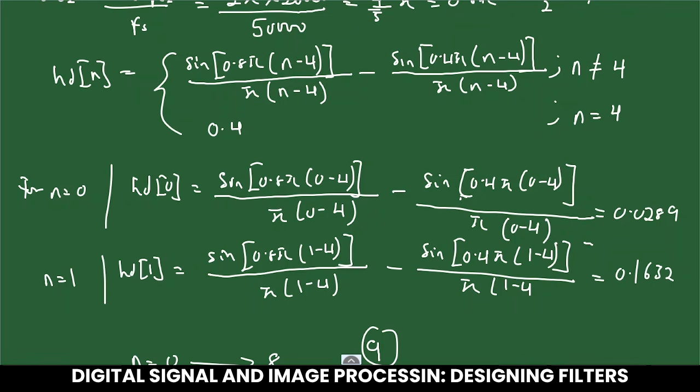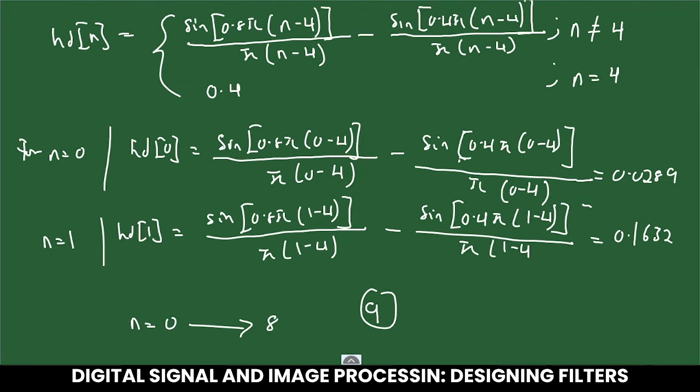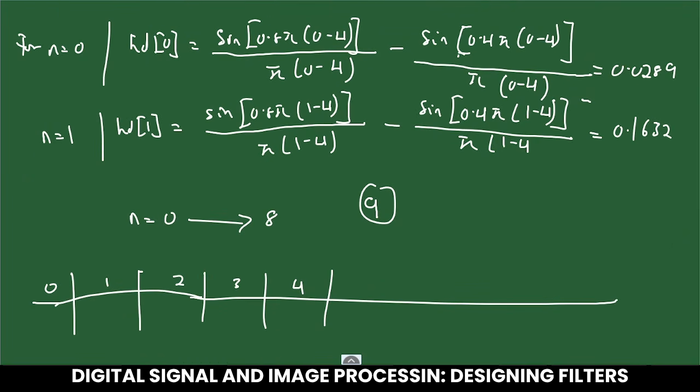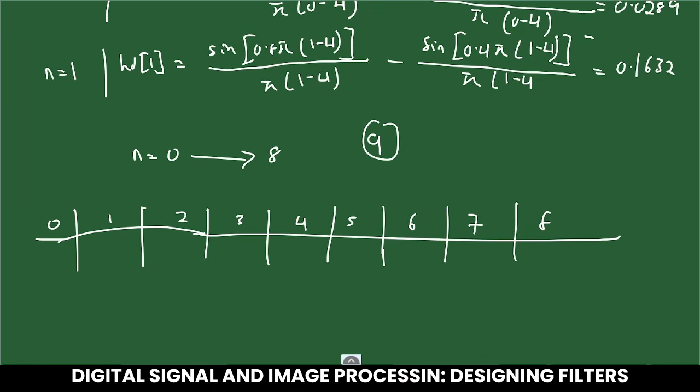When you punch it on a calculator, you have either syntax error or undefined, you'll not be able to get a particular value for it. So the value is already given here. When n is equal to 4, you should use this value, 0.4. So that's what I was trying to say. So 5, 6, 7, 8.